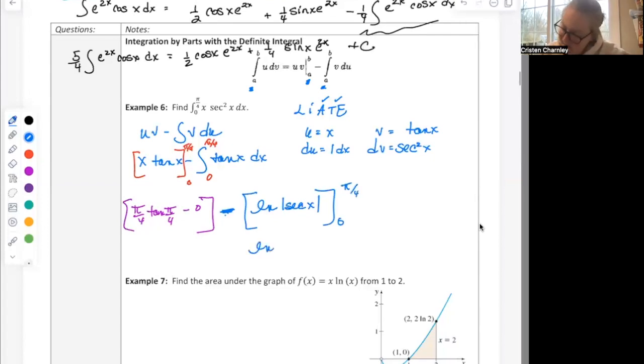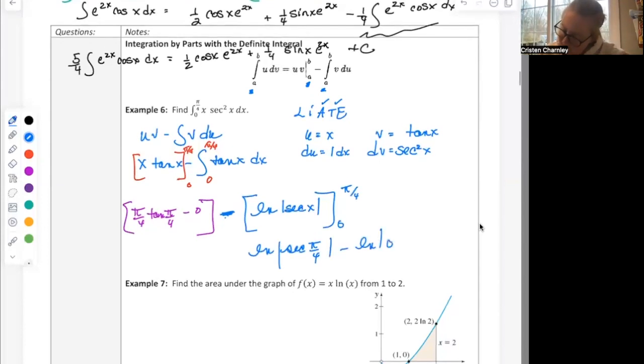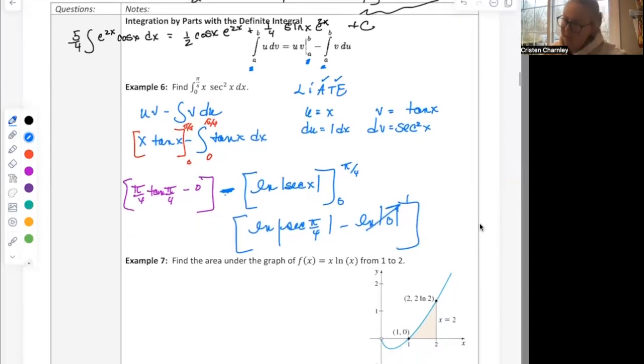So natural log secant of pi over 4 minus natural log of 1. Natural log of 1 we know is 0. Secant of pi over 4 has cosine of pi over 4 in the denominator. Cosine of pi over 4 is root 2 over 2, but it's in the denominator, so we'll flip it. So it's 2 over root 2, and if I simplify all of that, it works out to just be square root of 2.